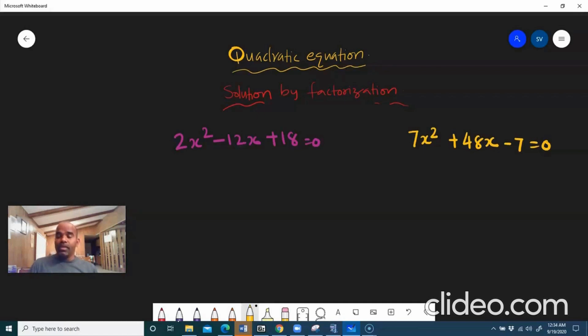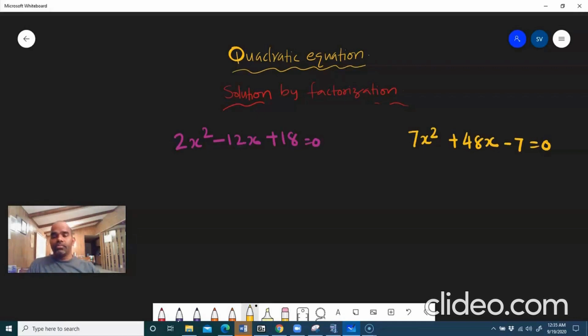Because we are dealing with a quadratic equation, an equation of degree 2, we will have only two pieces, or the number of solutions will be 2, and the number of solutions also depends on the discriminant part of the quadratic equation. I'm not spending time describing the discriminant, because you already covered those things in the previous lessons.